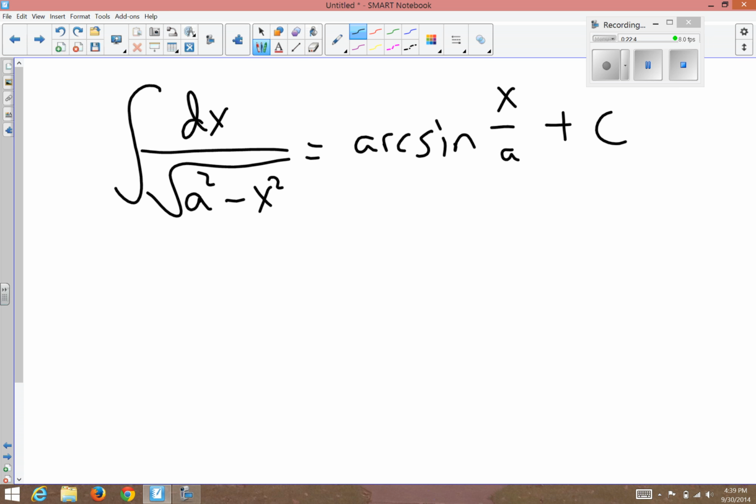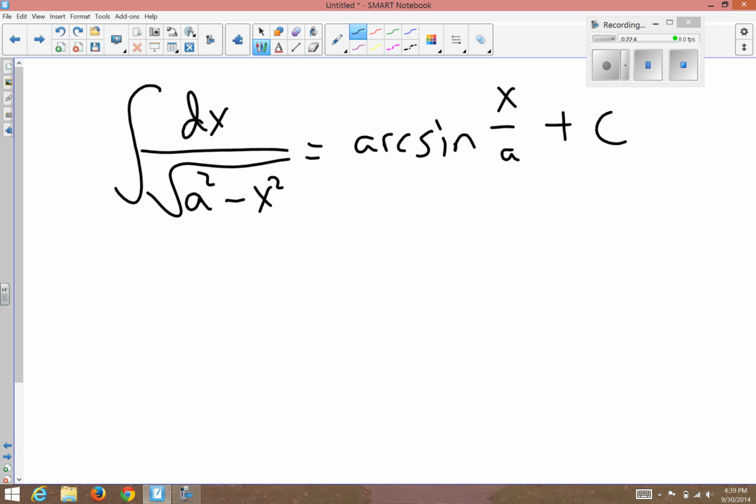I'm going to see what happens when a squared is 1. I'm sliding this dx over here to make it look like the problem. This is the arc sine of x over a. If there's a 1 here, then a is 1. The exercise we're doing, number 28, has this exactly. So we're going to replace all that stuff with that.